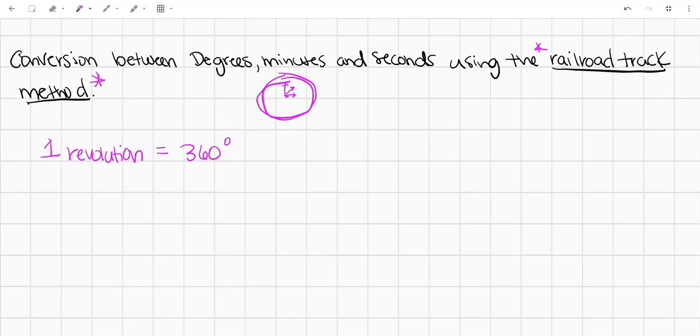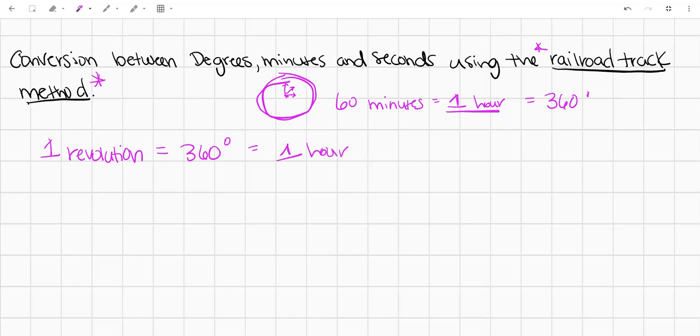Okay. So keep in mind that since there are 60 minutes in 1 hour, and we know that a turn around the clock, or 1 hour, is 360 degrees, think of 360 degrees, or one revolution, as 1 hour.